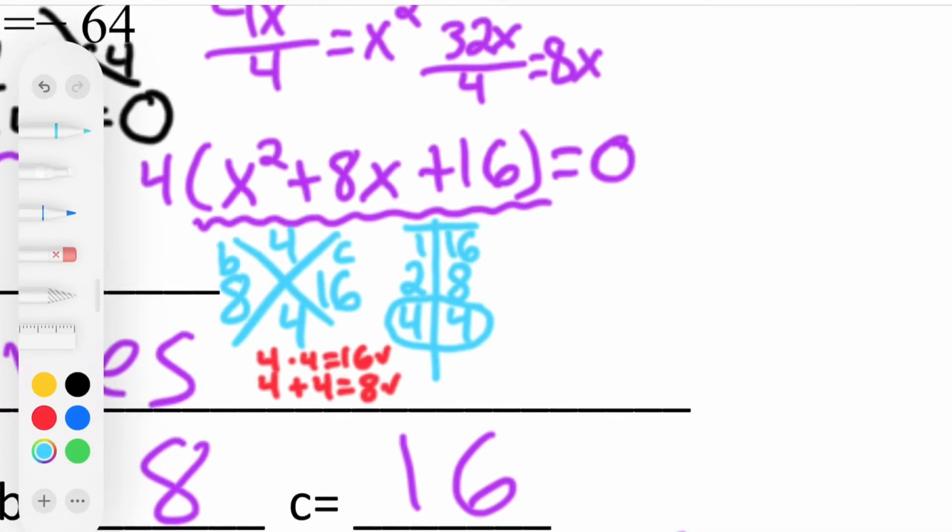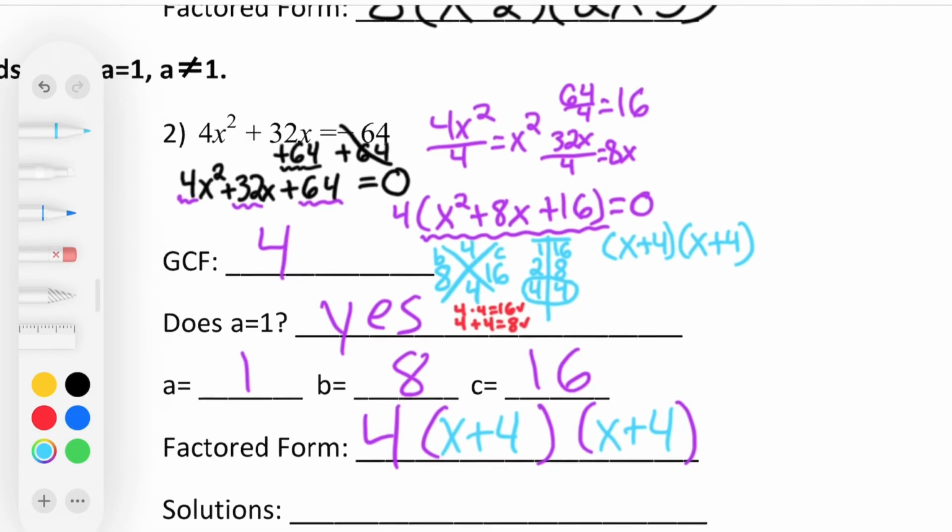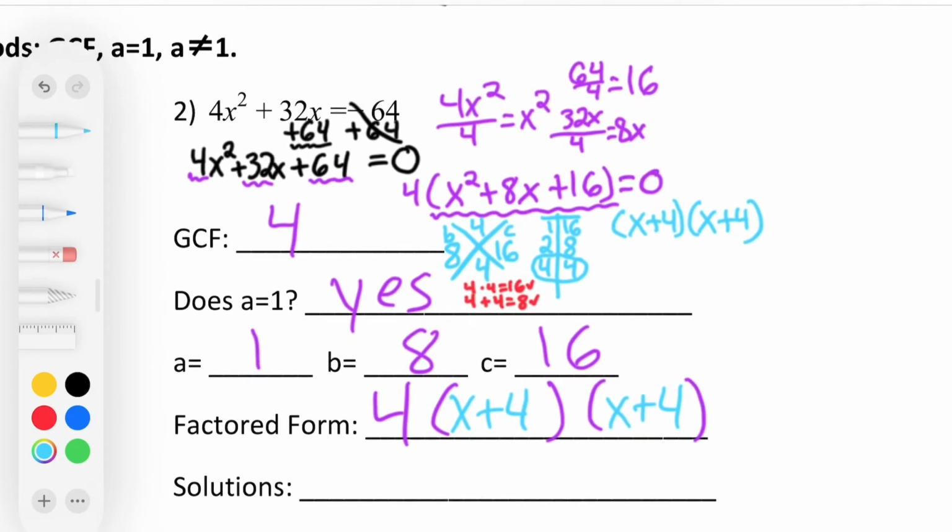That means within the parentheses, I have x plus 4 because 1 was positive, and x plus 4 for the other one. So we have 4 times x plus 4 times x plus 4. That will give us our factored form for number 2 of the 4th section.